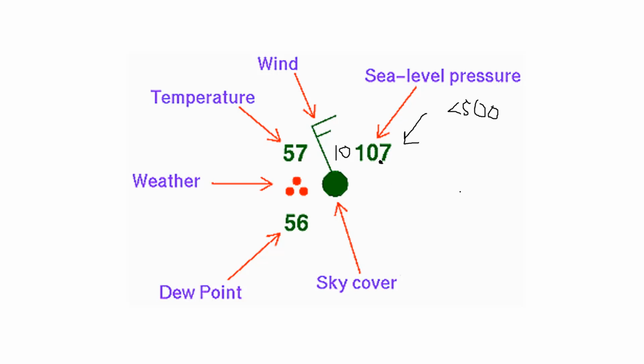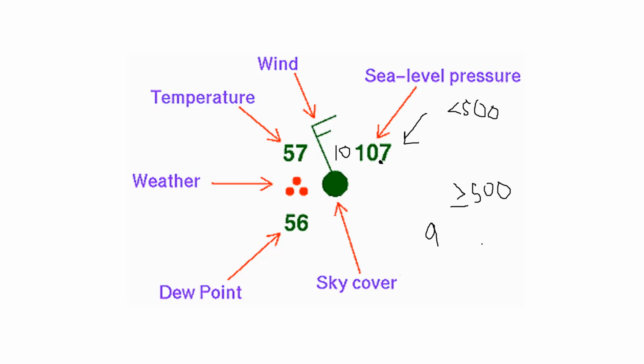If this number was greater than or equal to 500, what you would actually do is a very similar procedure, but instead of a 10, you would stick a 9 in front of it, and then put a decimal between the last two digits.